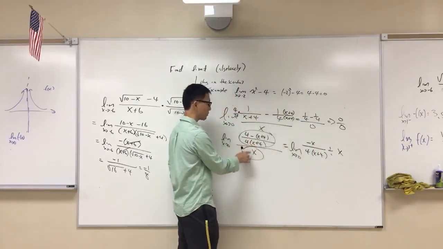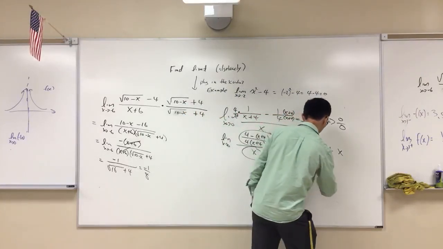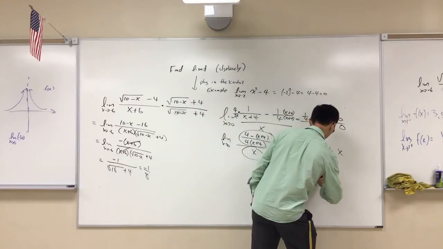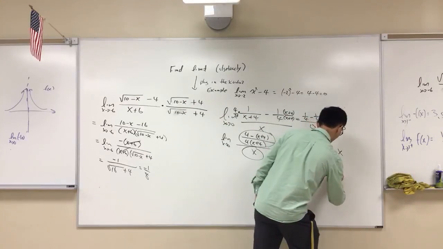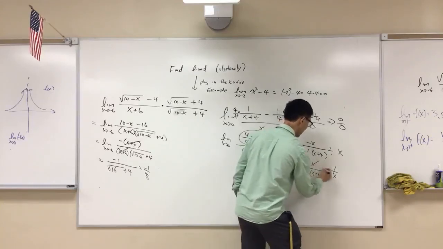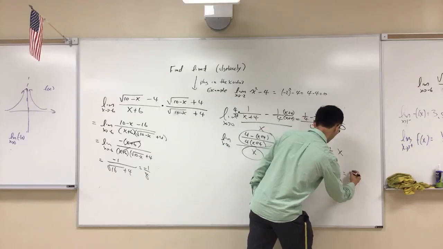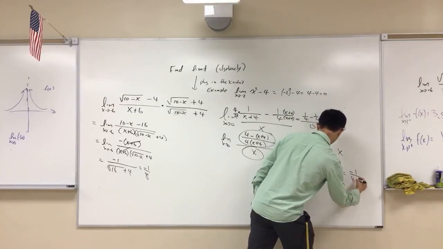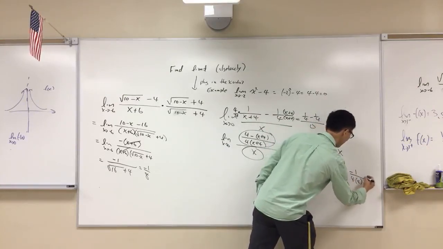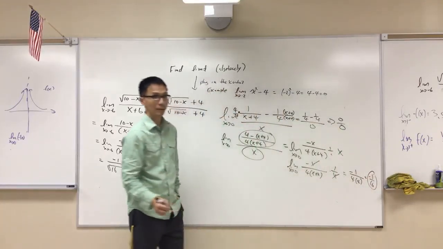So the top fraction divided by x, I can change that to x over 4 times x plus 4 times 1 over x. Limit as x approaches 0, x cancels out. Now that's going to be equal to negative 1 over 4 times 4, so it's equal to negative 1 over 16. So that's the last case.